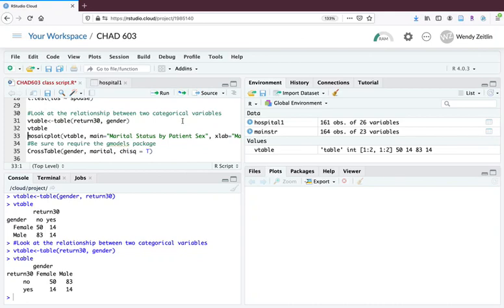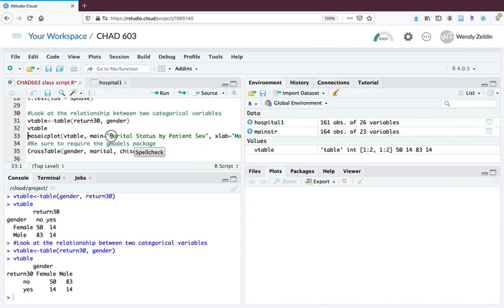Okay, so the next thing we're going to do is just like I showed you before with grouped box plots and so on, how to visualize things. We can visualize the relationship between two categorical variables with something called a mosaic plot. So the command is mosaic plot, and we just put the vector that holds the table in it, and then we can put a main label in it.